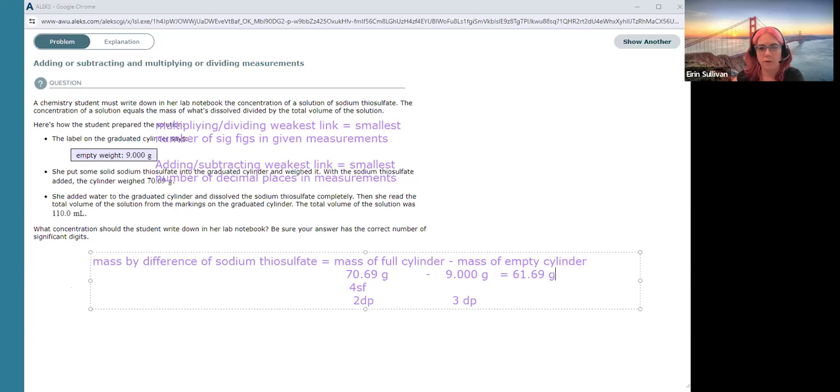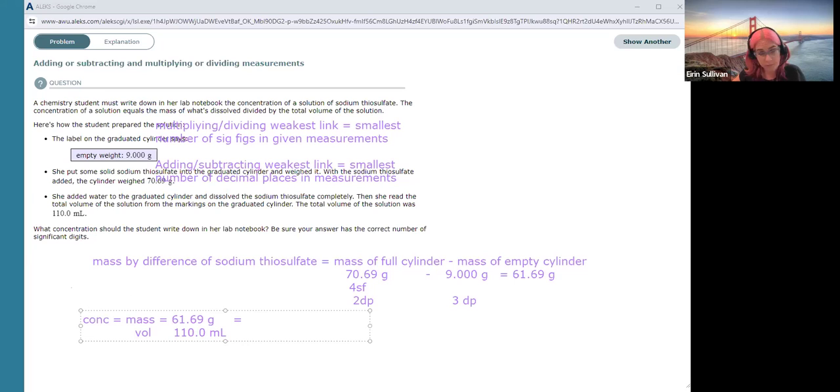61.69 grams. Then our concentration was our mass divided by our volume. So we have 61.69 grams divided by our volume, which is 110.0. So again, 4 sig figs and 4 sig figs. This time we're going on sig figs, not decimal places, because it's division.